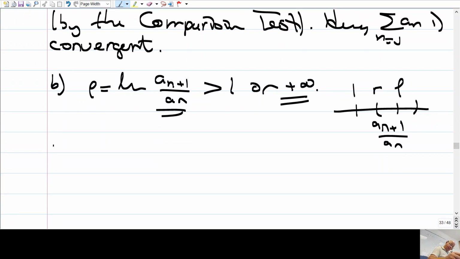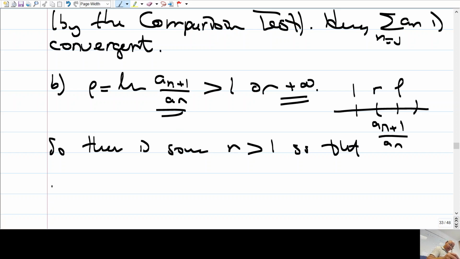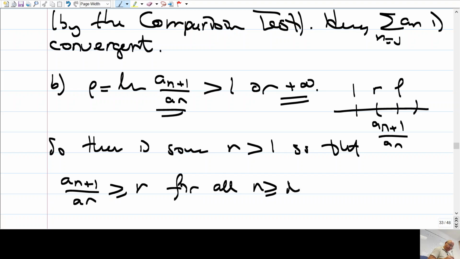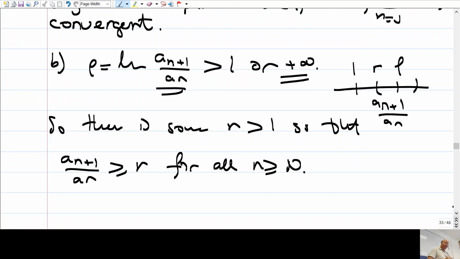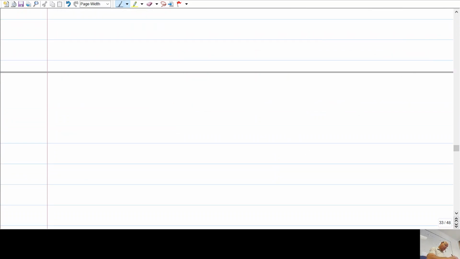So there is some r larger than 1 so that a_{n+1} over a_n is larger than r for all n larger than N. After some point on, all these numbers will be larger than r.